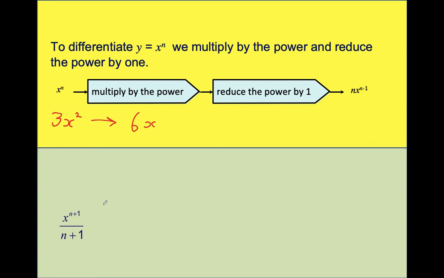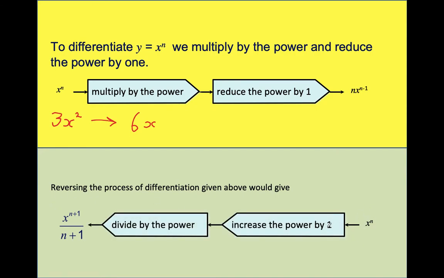Now integration is the opposite way round. So we start with this and our end process is to get to this. We increase the power by 1 and then we divide by the power. So you can see it's like a flow chart. We're going completely the opposite way round. So let's say we have a function which is x squared.